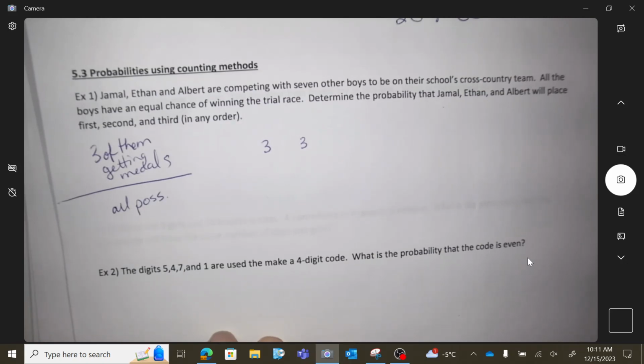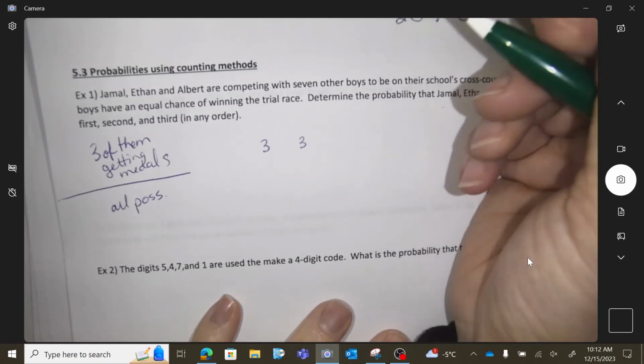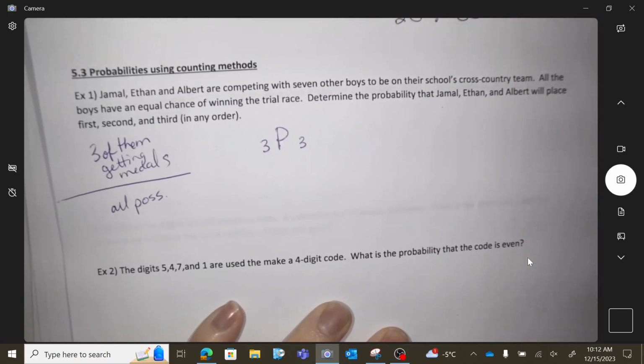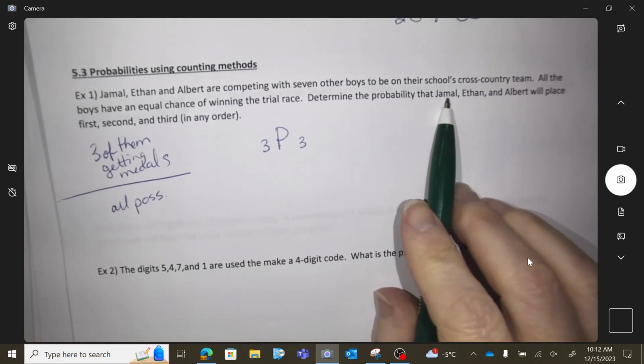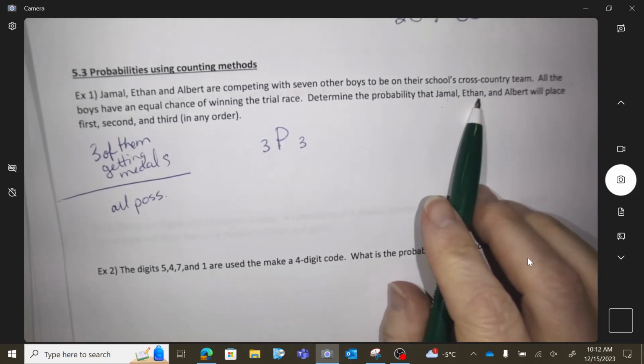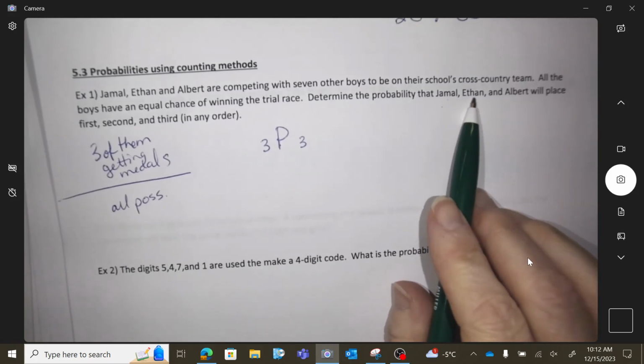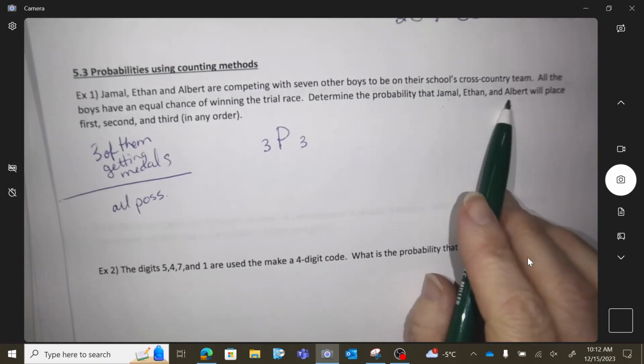Am I doing just the grouping of these people, or am I worried about the ordering of these medals? I actually am going to do a P, because Jamal could get the gold, Ethan could get the silver, and Albert could get the bronze, or I could give Ethan the gold, the silver, the bronze, right?